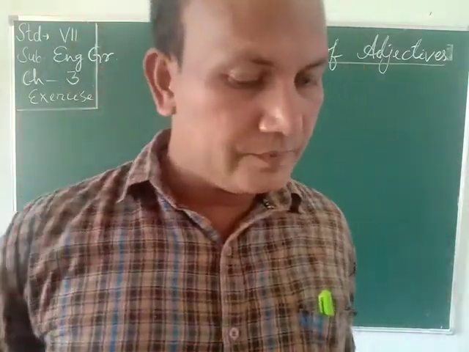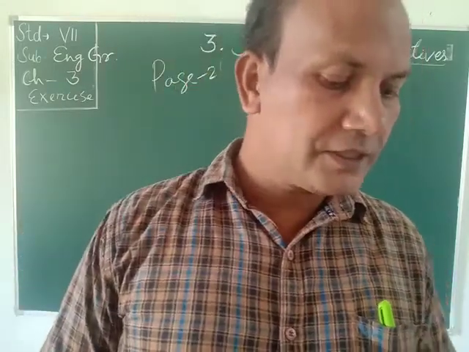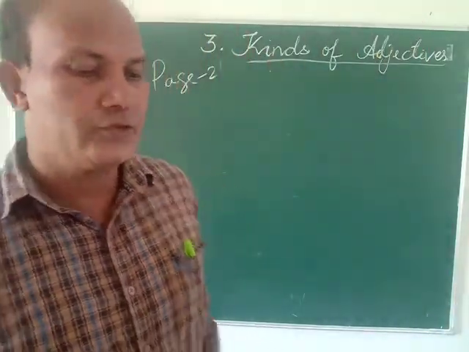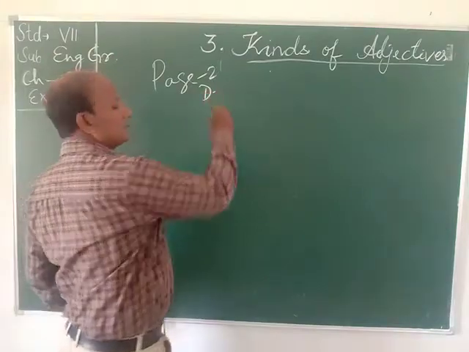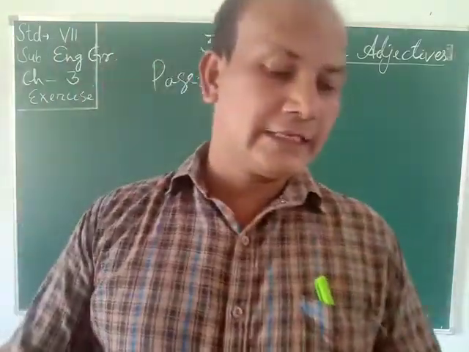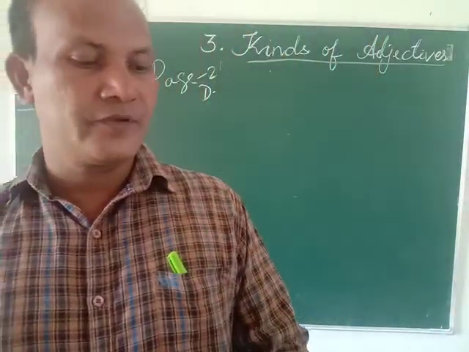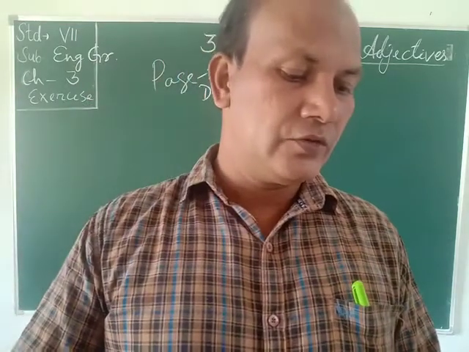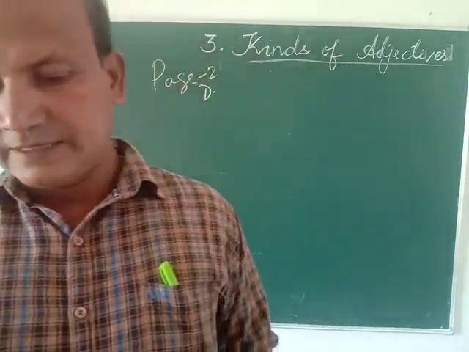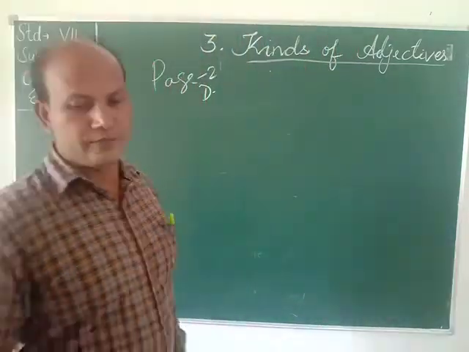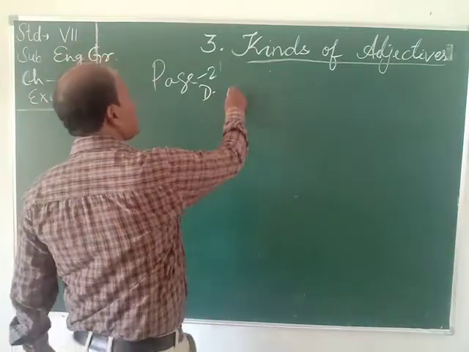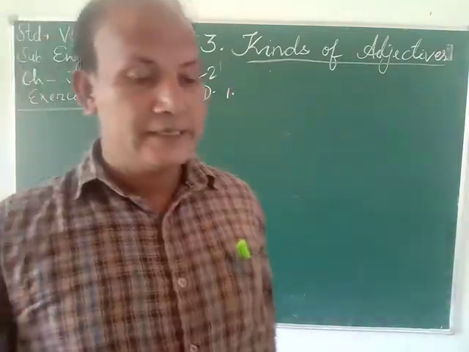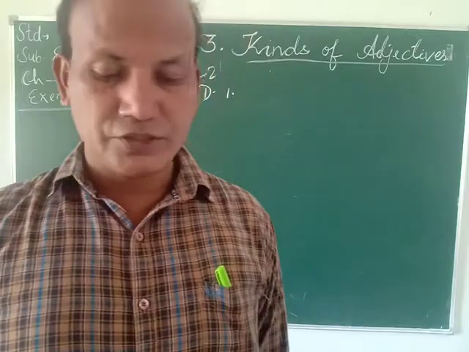Whatever the exercise and everything says. D number. Complete the sentences by choosing the correct adjective of quality or number. Also indicate which one it is. Now number 1 question. There is much talk.